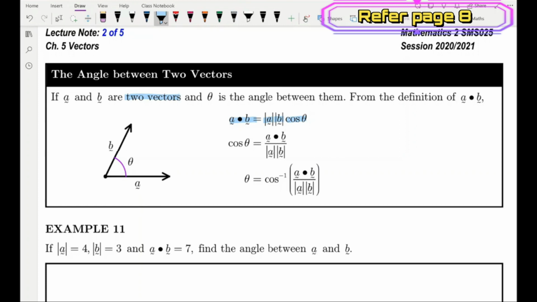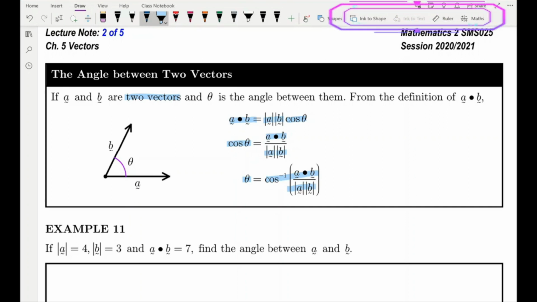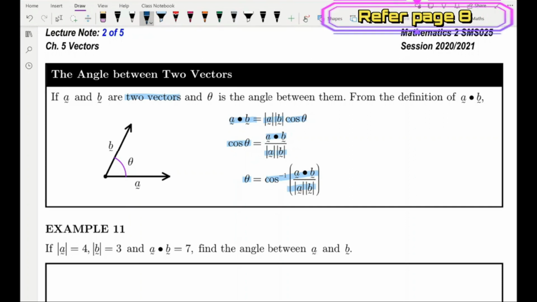So we just make cos theta the subject, and we get A dot B over magnitude A magnitude B. If we want to find theta, we take inverse cos of A dot B over magnitude A magnitude B. Remember that it must be from the same initial point.